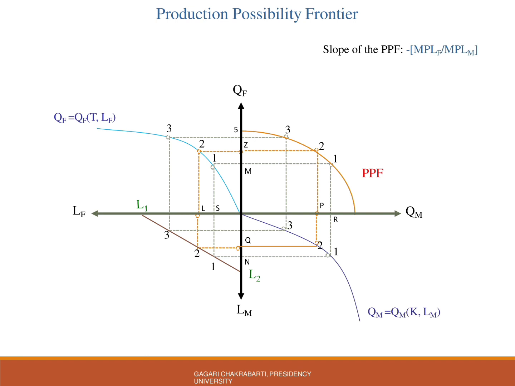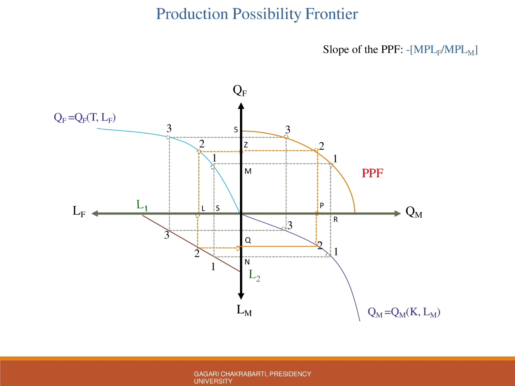Now we come to the last quadrant, which is the right side downward quadrant. So here on the horizontal axis we are measuring QM, and on the vertical axis, which is heading downwards, we are measuring LM.